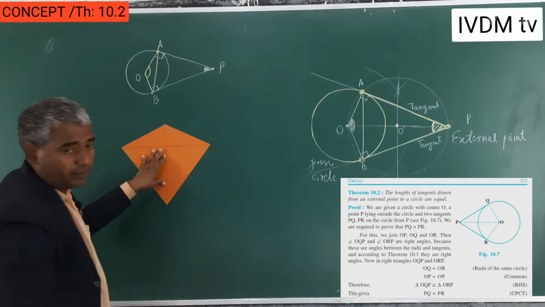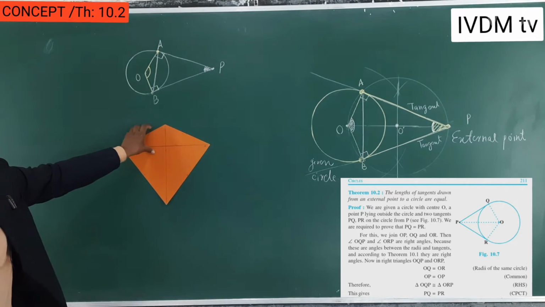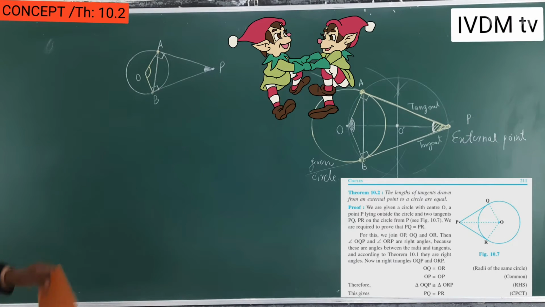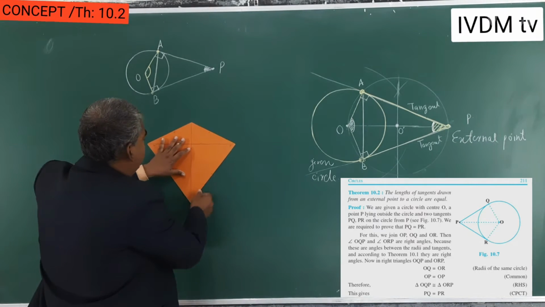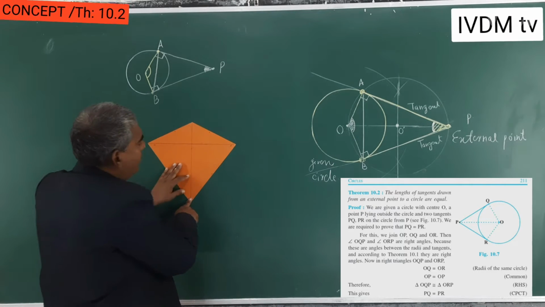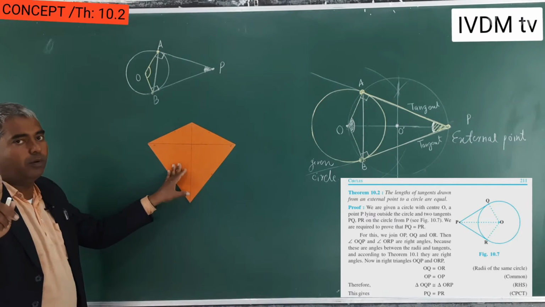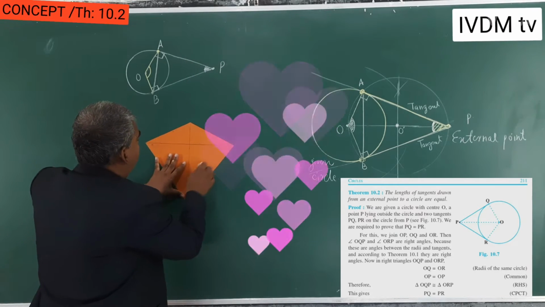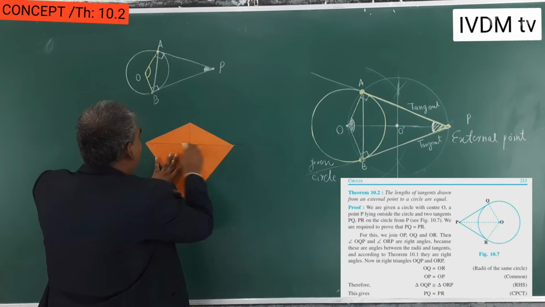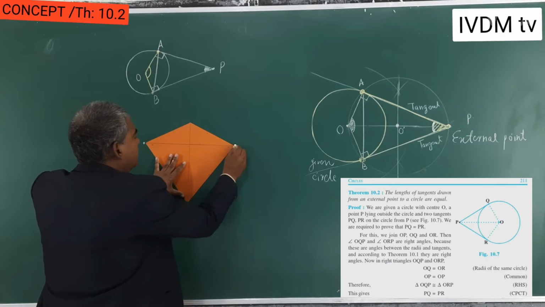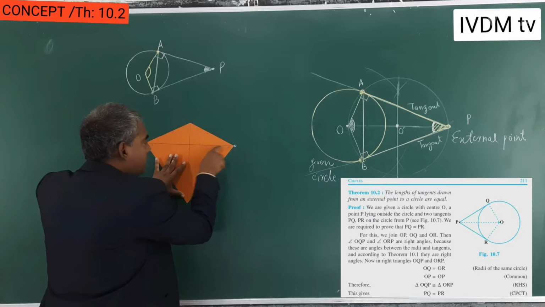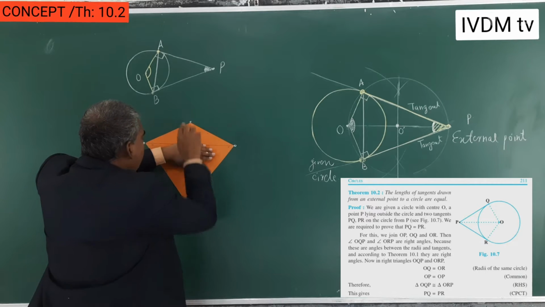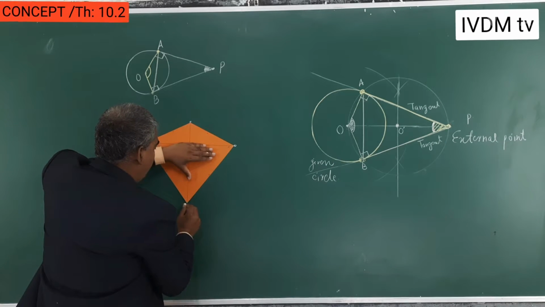In a kite, how is the kite formed? Actually, the kite is two isosceles triangles. This is the common side, and here you may have this isosceles triangle and this isosceles triangle.